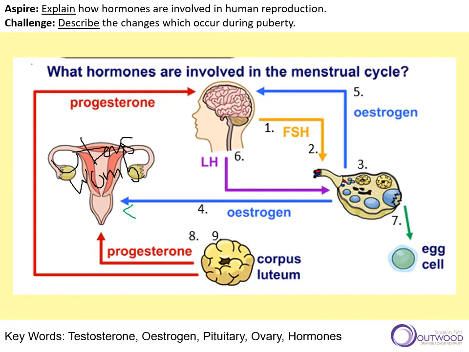Here, again, we've got ovary. So this cell is the ovary. Here, we've got pituitary gland, PG. And here, it says corpus luteum, which is the lining of the womb. So they're those bits.